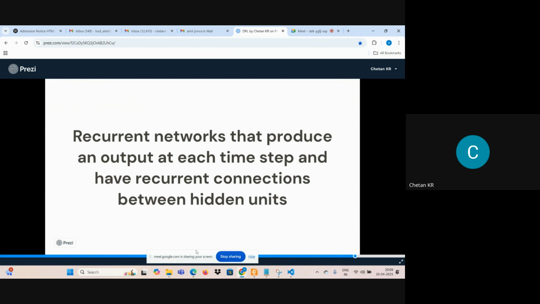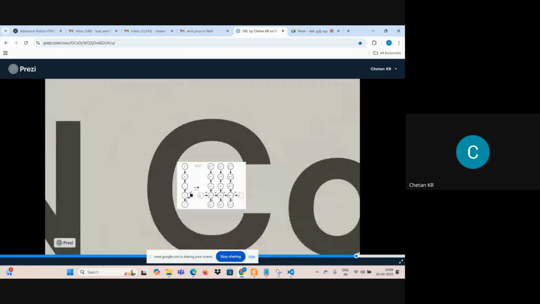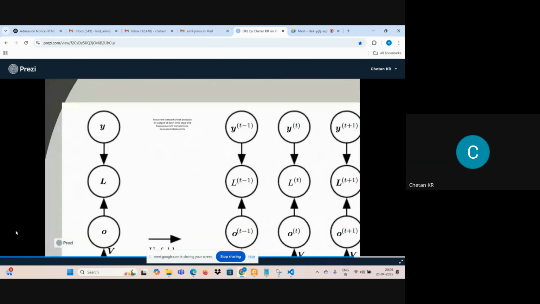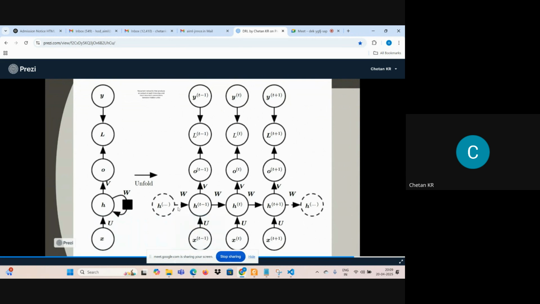And they have recurrent connections between the hidden units. That is correct. This is the recurrent connection. The only horizontal connections going on are between the hidden units. There is a connection from ht minus 2 to ht minus 1, and from t minus 1 to t to t plus 1, like that. These are recurrent hidden connections.